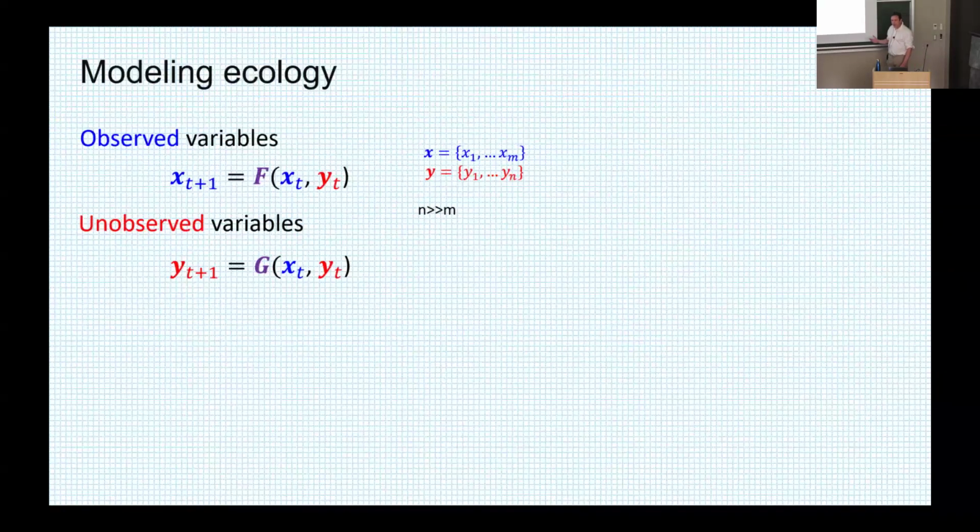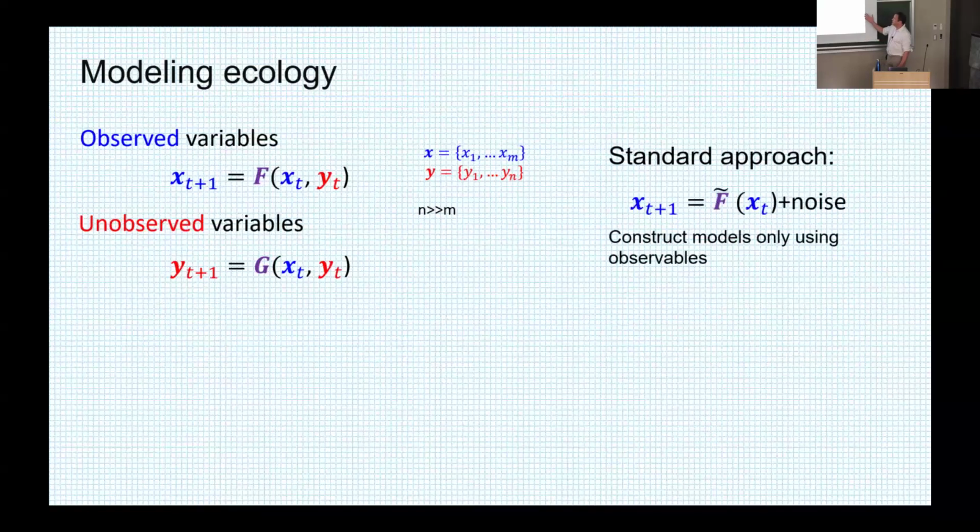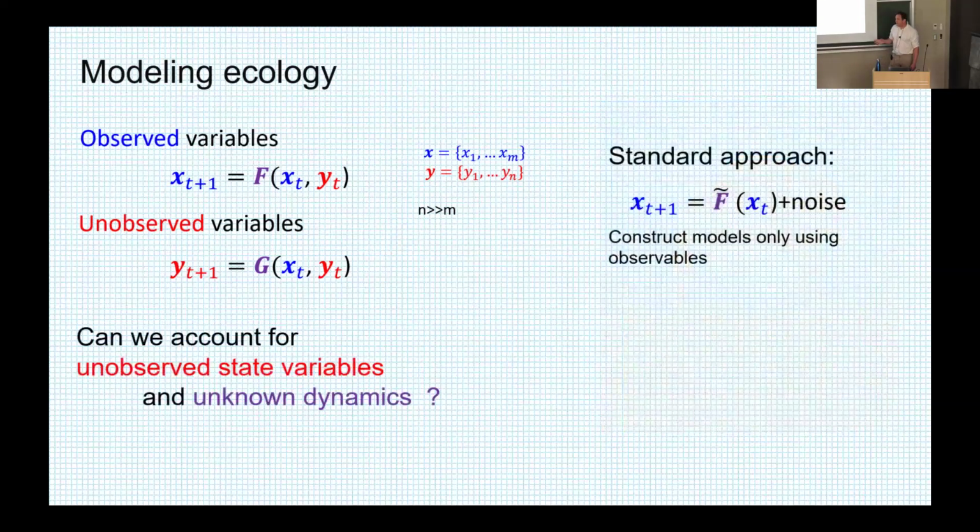But very often when we go to write down ecological models, what we do is we try to write down models strictly in terms of the observables, just the things that we care about. Now we know that there are other things that exist, and so we usually add some noise to account for that. And then there are conditions under which we can make that rigorous, but you know, most of the time we don't really think about that in ecology.